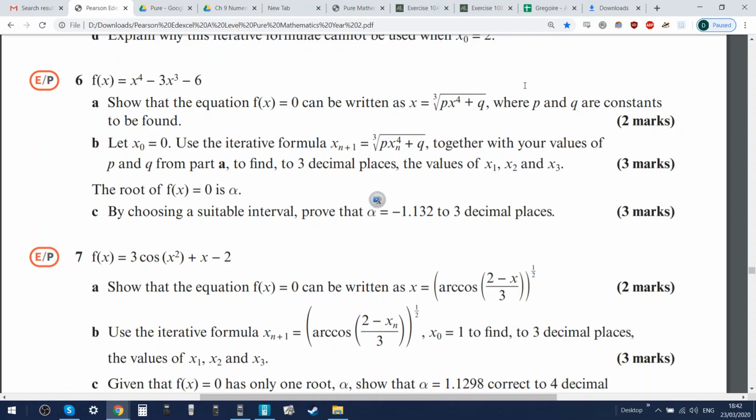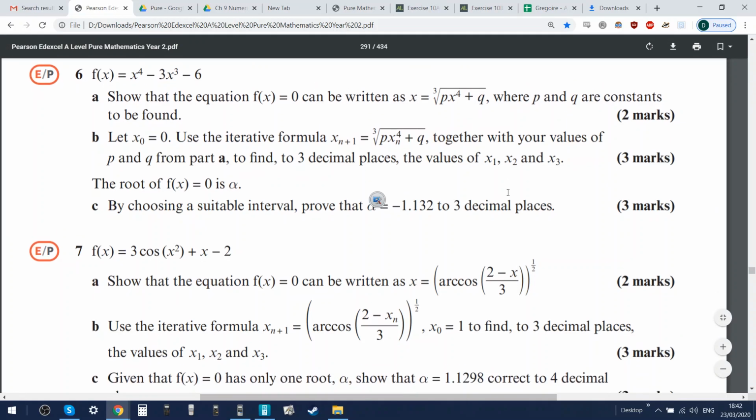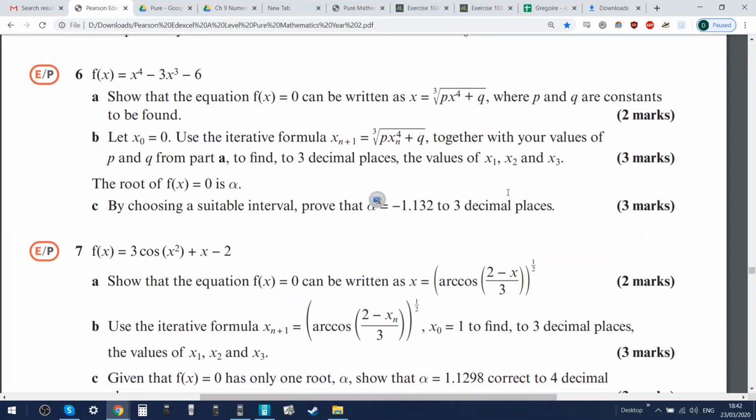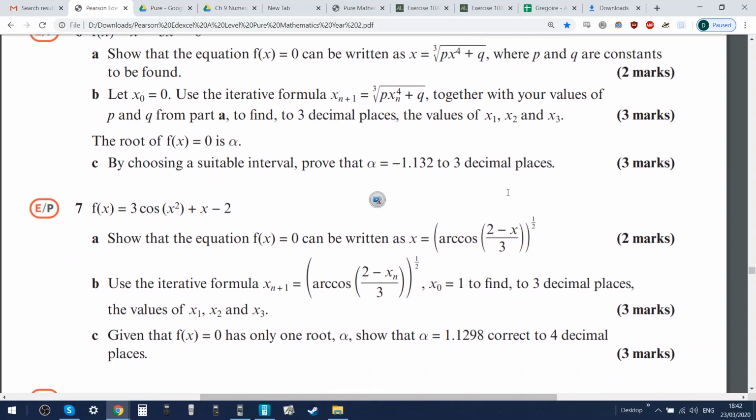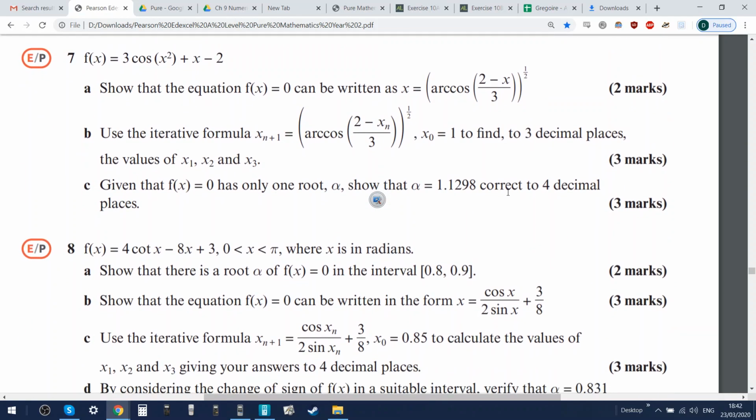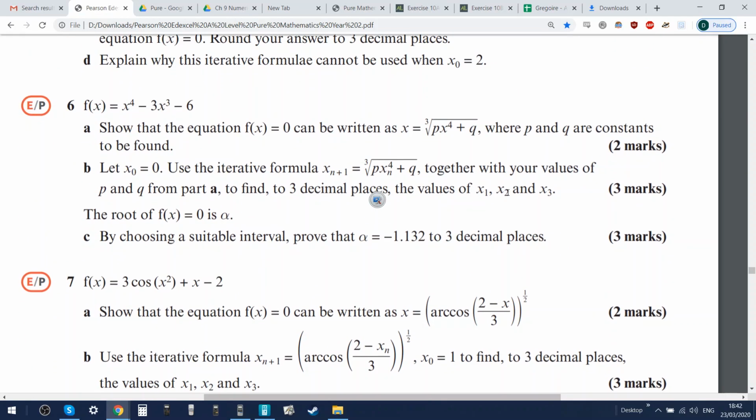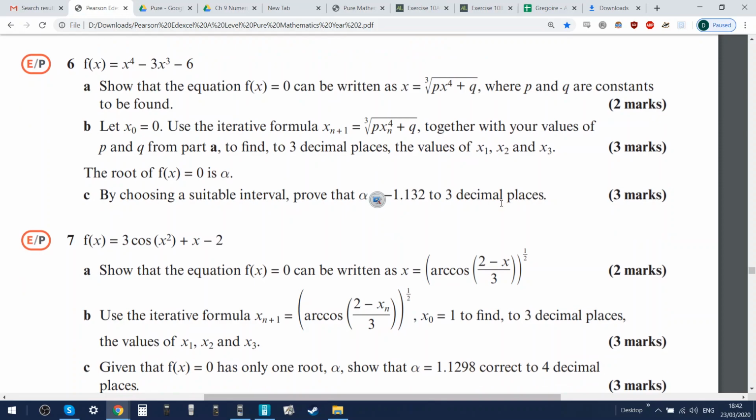Obviously you want to get x cubed on the left-hand side first. Correct. Then you divide by 3, and then you cube root it. Yes, and you'll be fine. How about this one? A question about putting things in the right form. If it says cube root of px to the 4 plus q, and you have something like 3x to the 4 plus 2 over 5, is that still in the form?